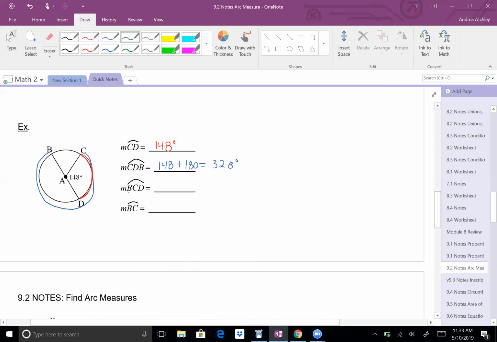Okay, then we went to the measure of BCD. It is just 180. It's a semicircle because it starts and ends on the diameter.